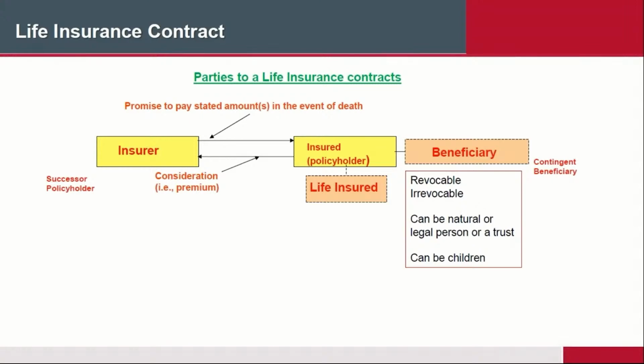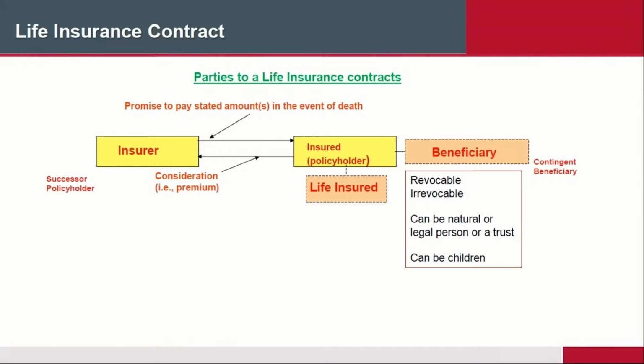On the other side, under the insured, you should also have what's called a successor policyholder. In other words, if I own a policy on my spouse, so I'm the insured and my spouse is the life insured, and I die, there's no death benefit because the life insured is still alive. But who gets the policy?